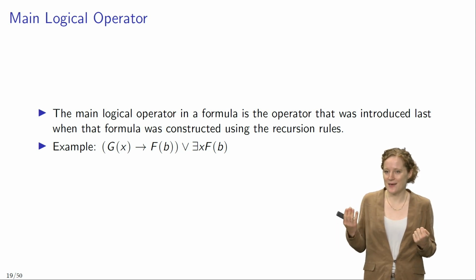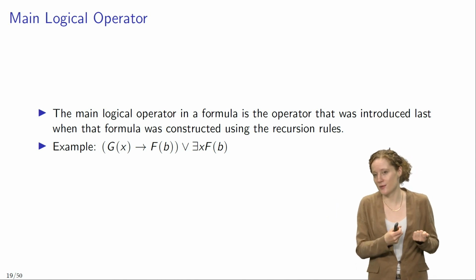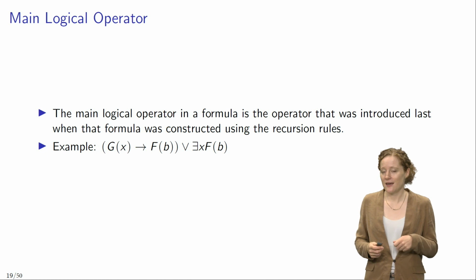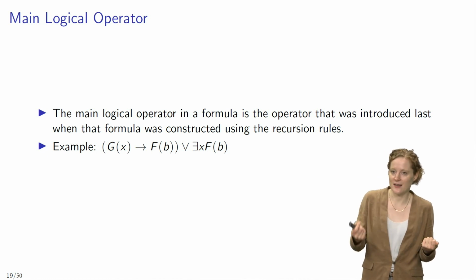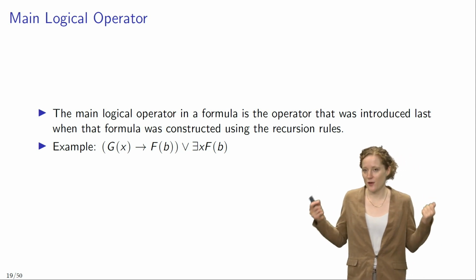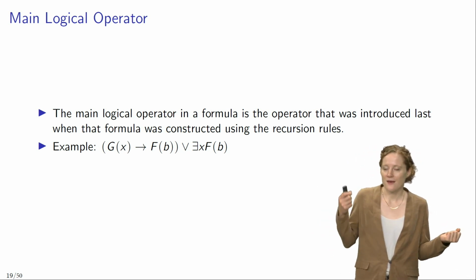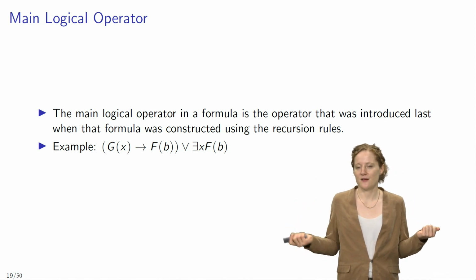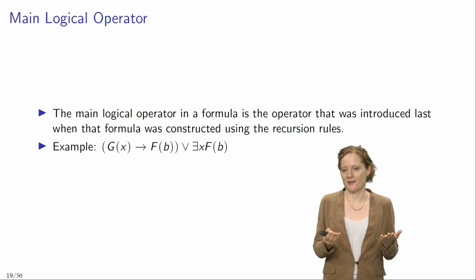Then in a second step, we prefix Fb with the existential quantifier there is an x, and use the conditional sign to form the conditional if Gx then Fb. And then in the third step, we take the conditional if Gx then Fb and the sentence there's an x Fb and form the disjunction that you see here on the slide.